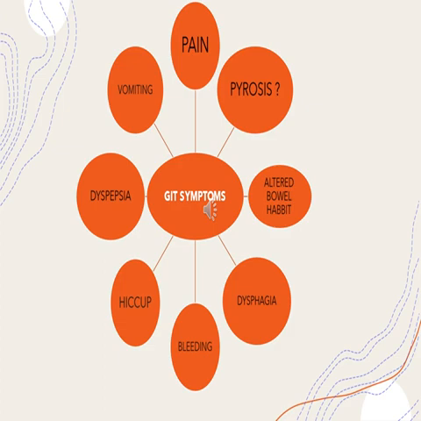Each one of them we will discuss as a separate entity later: abdominal pain, heartburn, pyrosis, altered bowel habit, diarrhea or constipation, dysphagia, difficulty in swallowing, GIT bleeding like hematemesis, melena, hematochezia, hiccup, dyspepsia, vomiting, nausea, flatulence, abdominal distension. All those are GIT symptoms that will be discussed later.